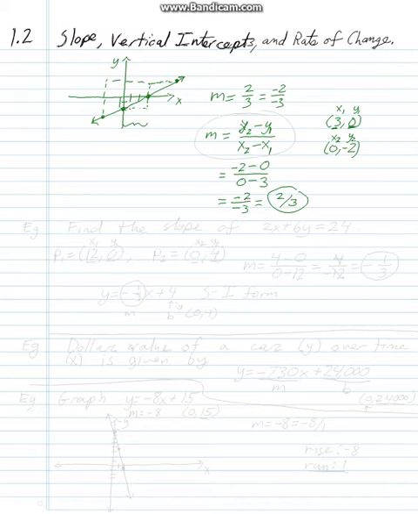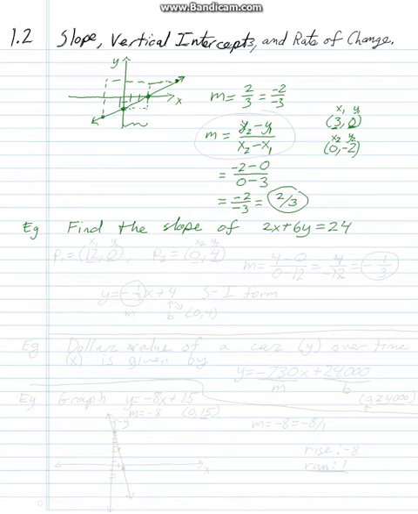Now, if we were interested in returning to the line that we graphed at the end of the last section, let's find its slope. Okay, now there are a few ways we could do this.